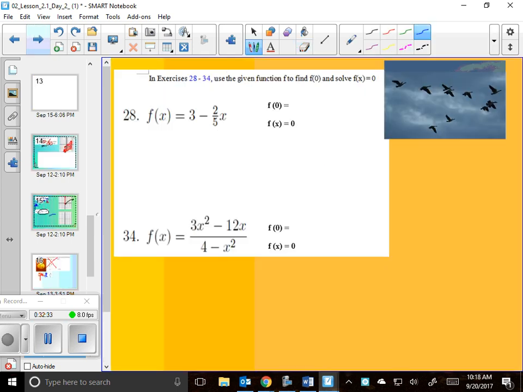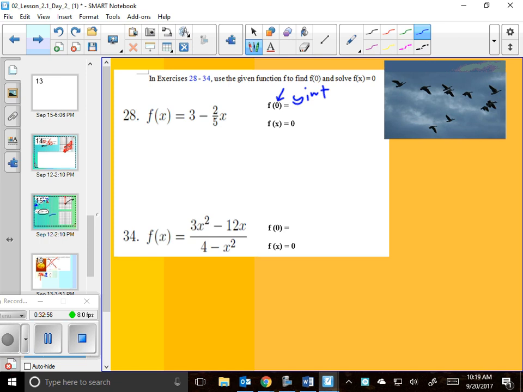Okay. Moving on. This one. They want you to find f of 0 and f of x equals 0. That is code for: if x is 0, they're asking you to find the what? Y-intercept, by sticking in x is 0.